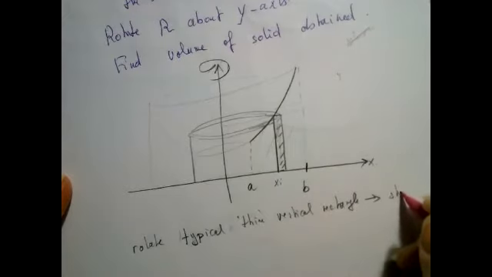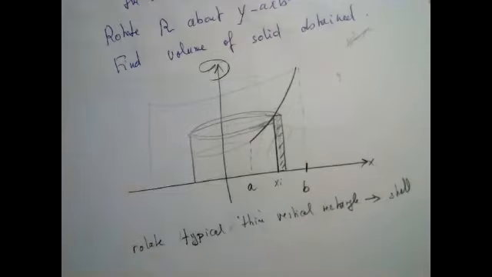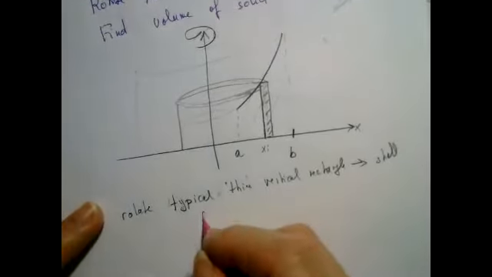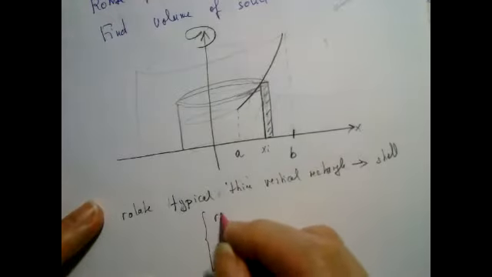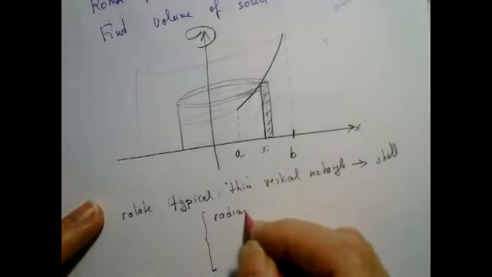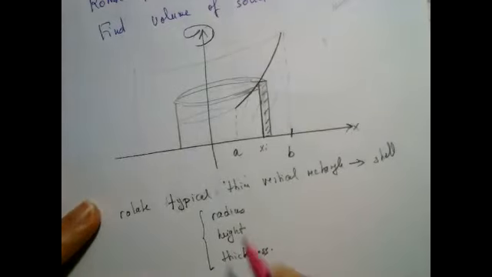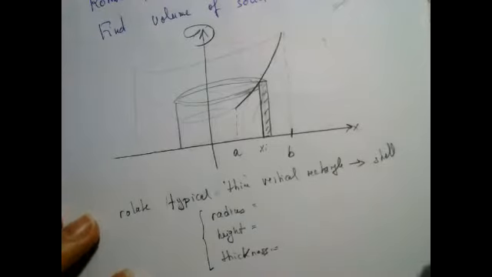This will give me a shell. We always have to ask ourselves what type of shape we get when we rotate. Now, to find the volume of a typical shell, we need the radius, we need the height, and we need the thickness. Once we identify each one of those items, we can find the volume of a shell.